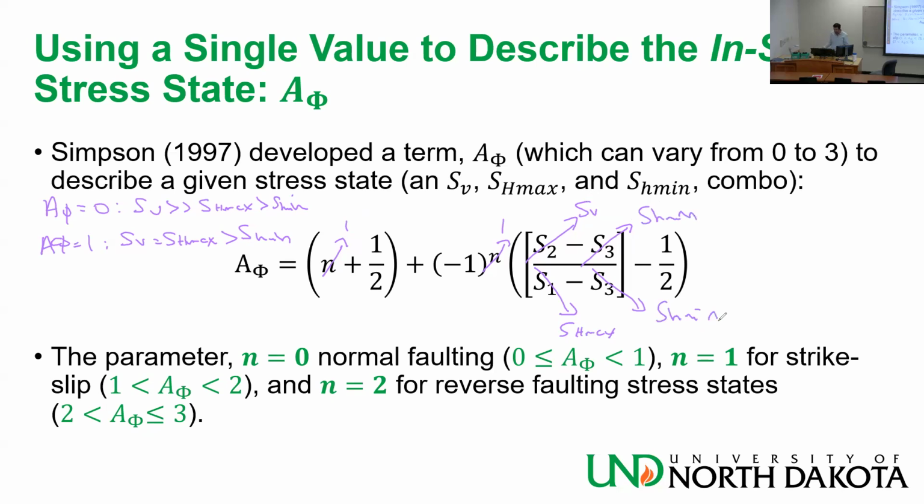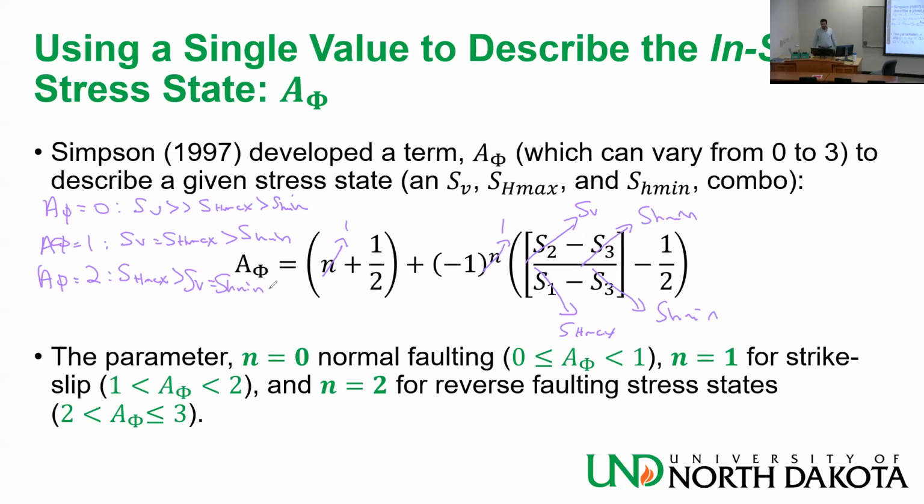And now you go from alpha phi equals 1, which we said is the interface between normal faulting and strike slip faulting, to alpha phi equals 2, which is, how is that? SH max is bigger than SV, which is equal to SH min, I believe.